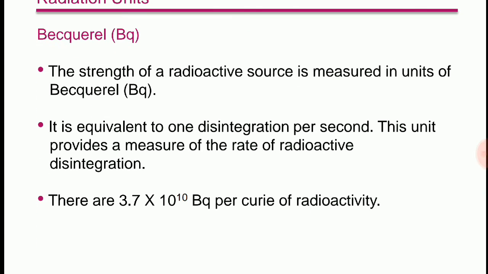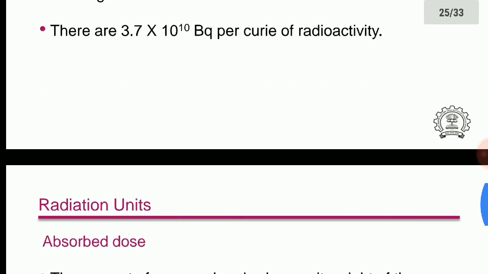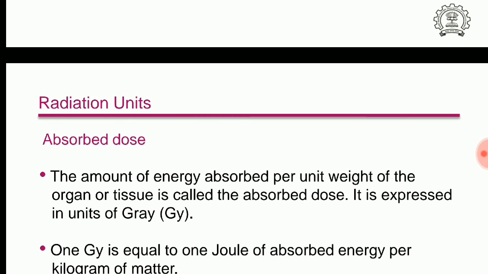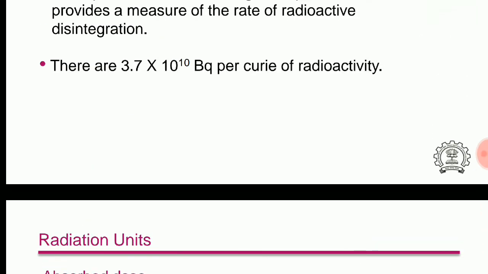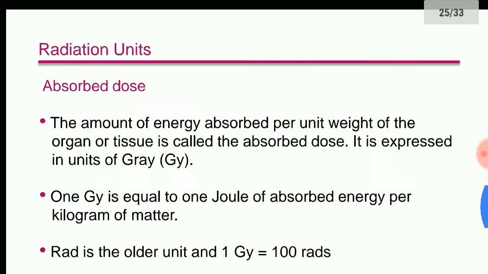This unit provides a measure of the rate of radioactive disintegrations. There are 3.7 times 10 to the power of 10 becquerels in one curie of radioactivity.